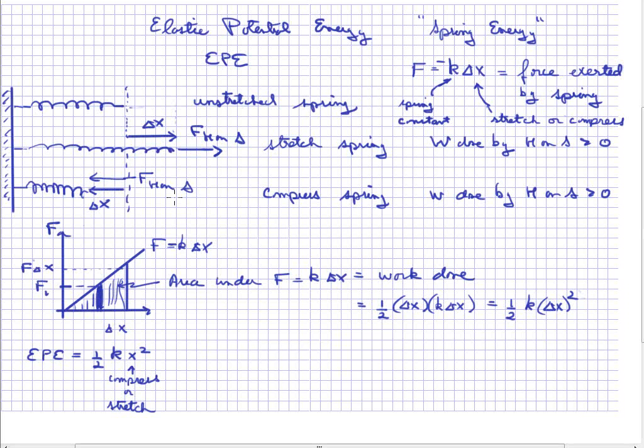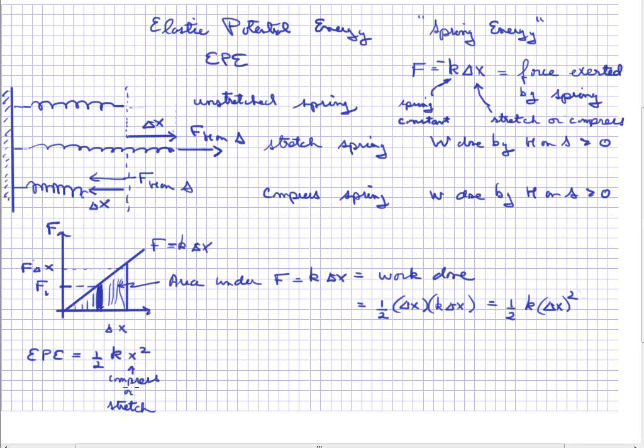Positive work is being done by my hand in either case, and so we're going to conceptualize that and bookkeep it by defining elastic potential energy as 1/2 times the spring constant, k, times x squared, where instead of writing delta x, we'll just understand that x means the amount by which the spring is compressed or stretched. In the next YouTube we'll do some examples, but this is the basic idea.